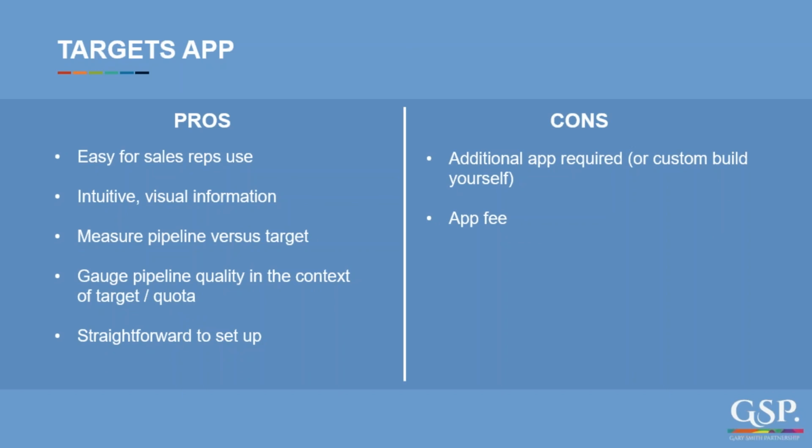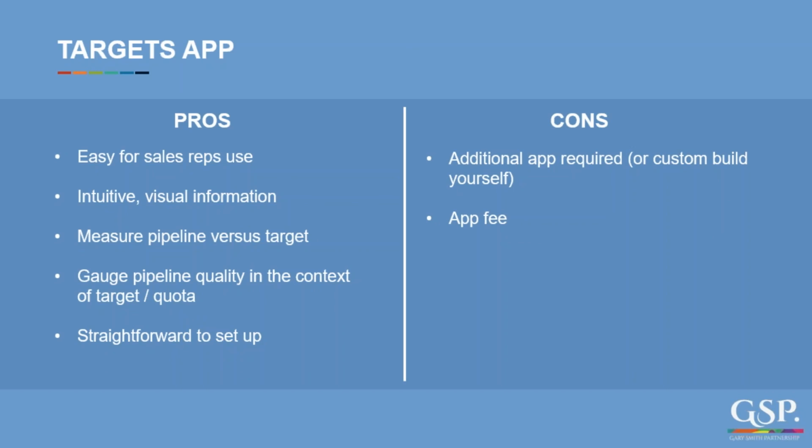Because the other thing is, it gives more information about both the size and the quality of the pipeline in terms of the sales target for this month, next month, and so on. Because the downside is, yeah, sure, you're going to either need to build something or you're going to need to buy an app, and of course there's a fee associated with that.